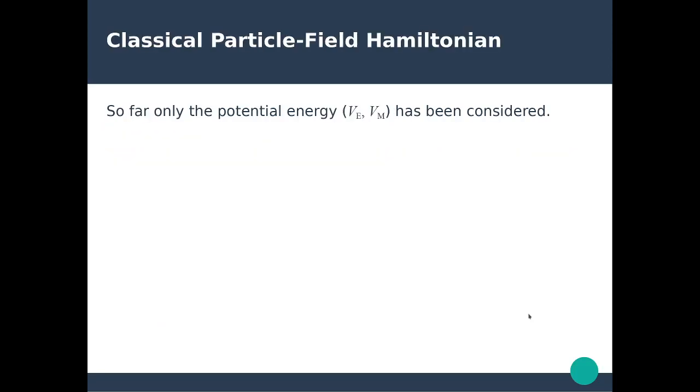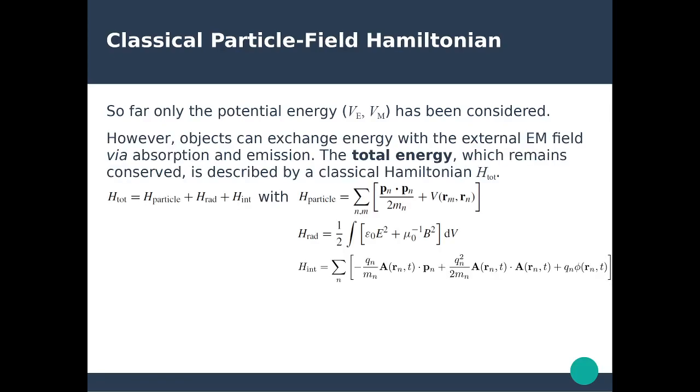So far, we've just focused on the potential energy that we just discussed. This V_E and V_M are just the potential energy. We also need to look at exchange of energies with the external electric and magnetic fields via absorption or emission of photons. So we need to focus on the total energy, because this is the quantity which is actually conserved in the system.